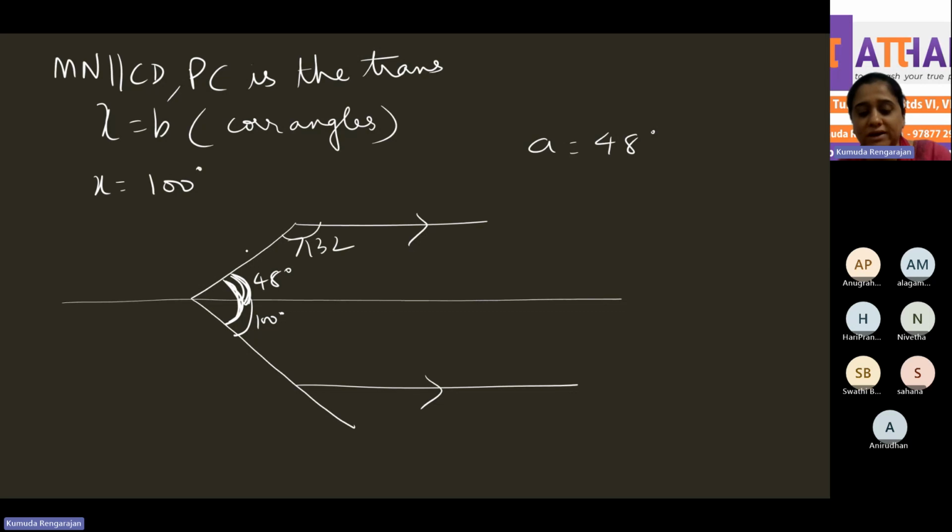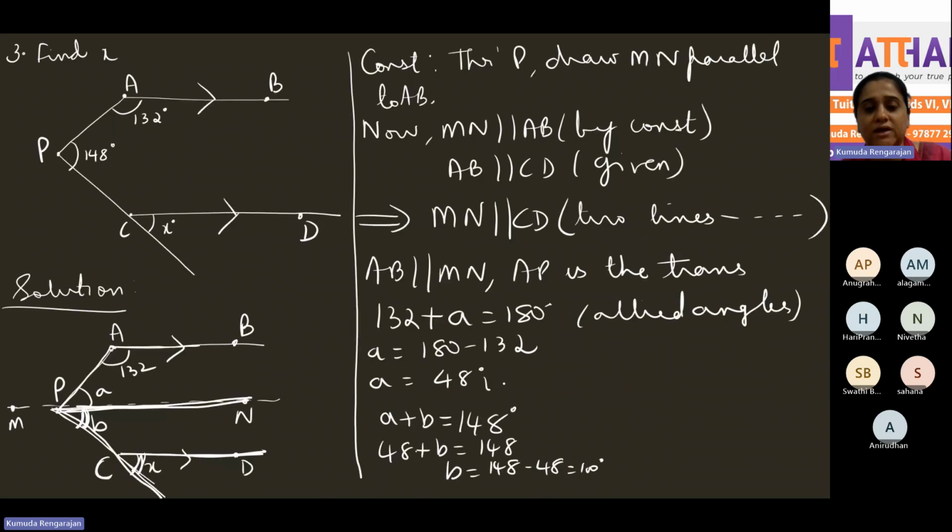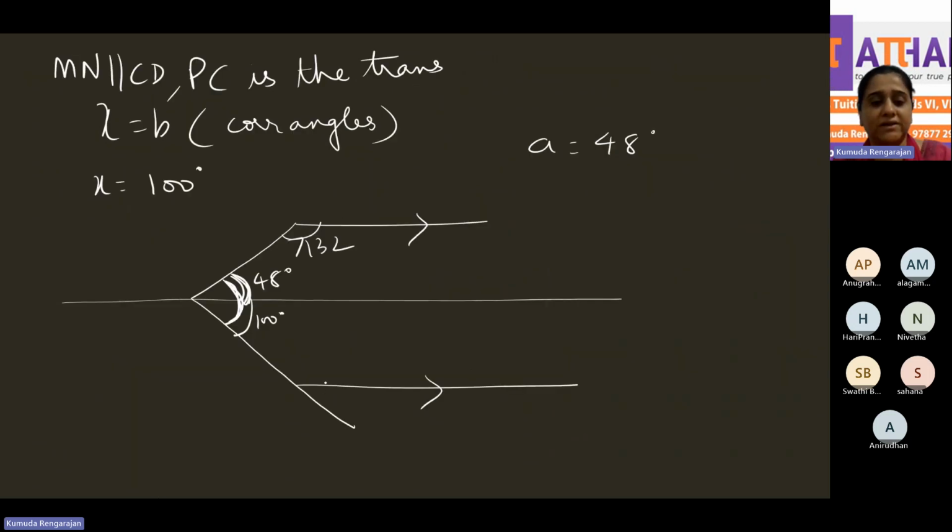That's what we have to write like this. We found A. A is 48, but A plus B is 148. That is not any property. So B is 100. Now B and X corresponding angles. This angle and this angle, corresponding angles.